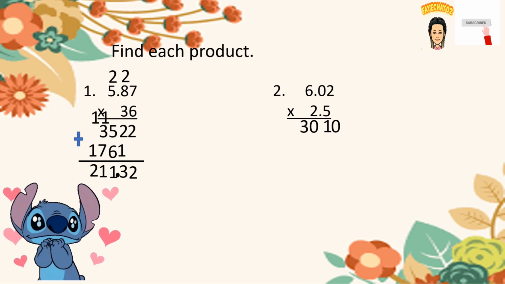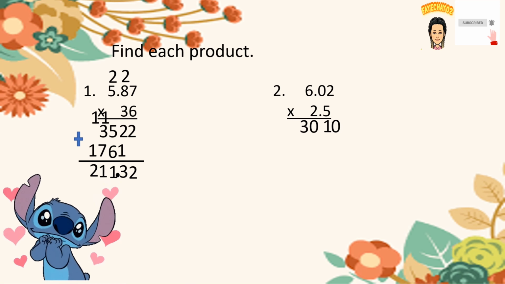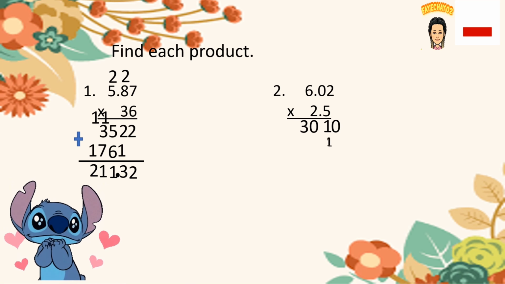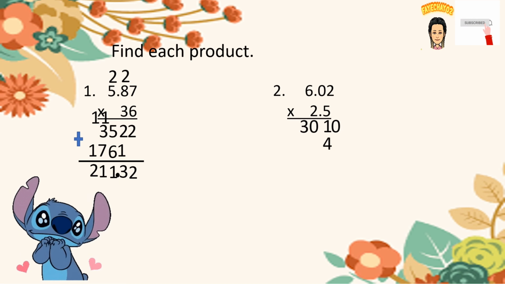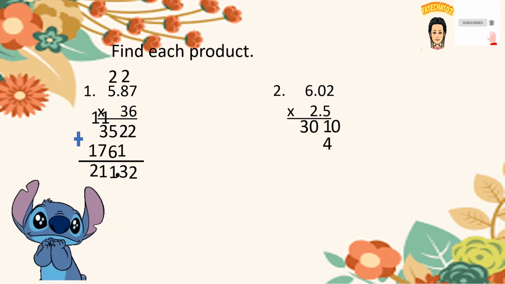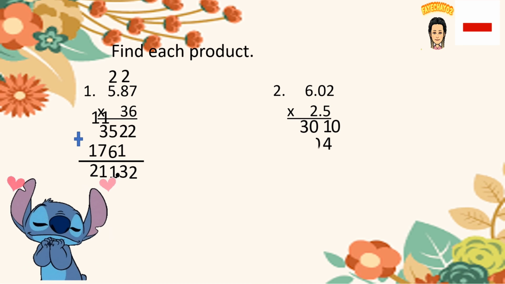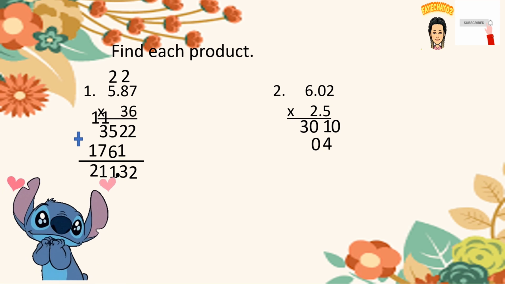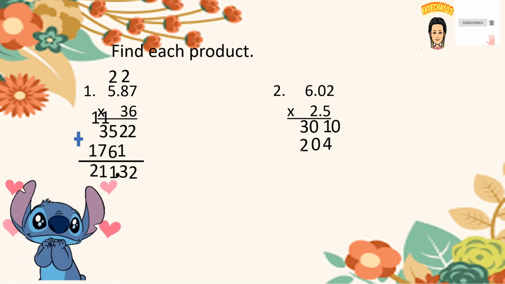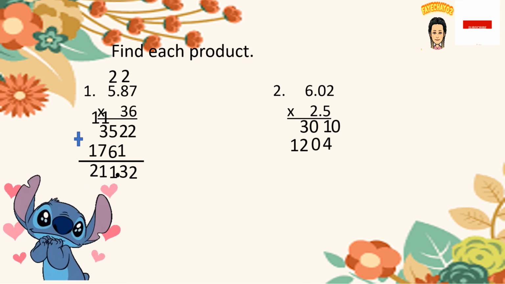Then we have now 2. 2 times 2 is 4. So we will put 4 on the tens place. 2 times 0 is 0. 6 times 2 is 12.